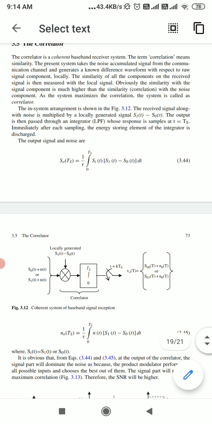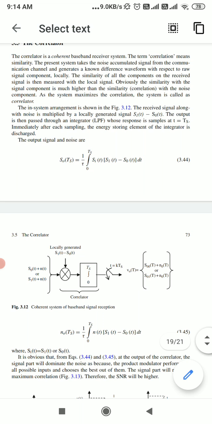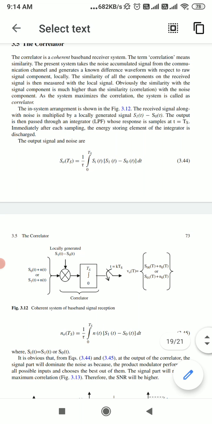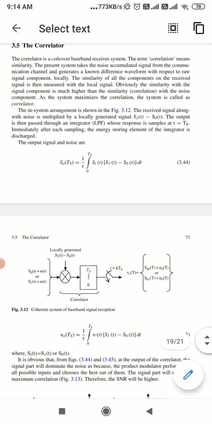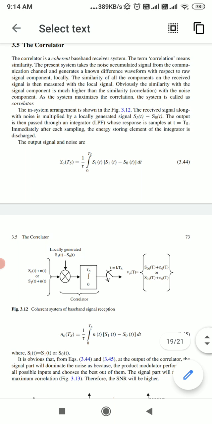The mathematical operation of the matched filter is convolution, whereas the correlator output is nothing but correlation. The mathematical operation of the matched filter is convolution, and the correlator output is correlation, but they behave in the same way.